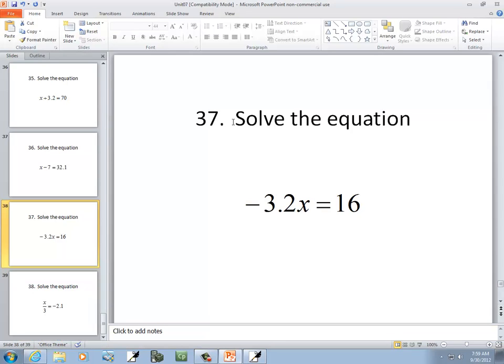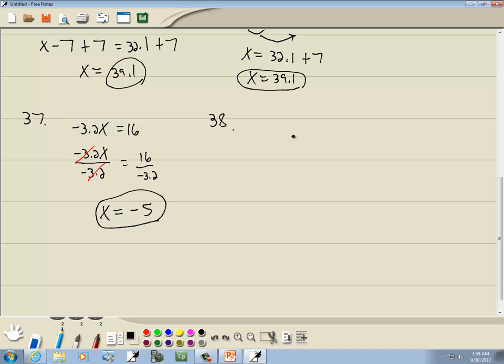And our last problem. We've got x over 3 is equal to negative 2.1. Now, the opposite operation. Right here, this is negative 3.2 times x. So we divided by negative 3.2. Now over here we're dividing by 3, so the opposite operation is multiplying by 3.